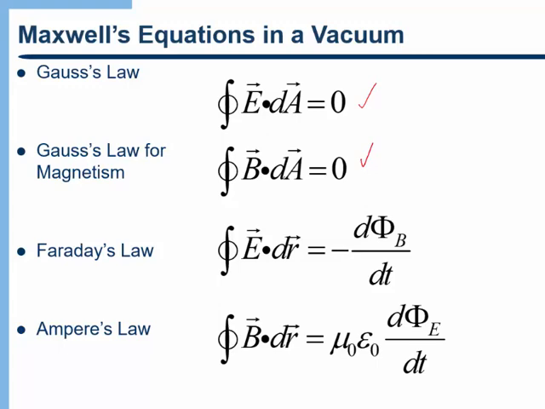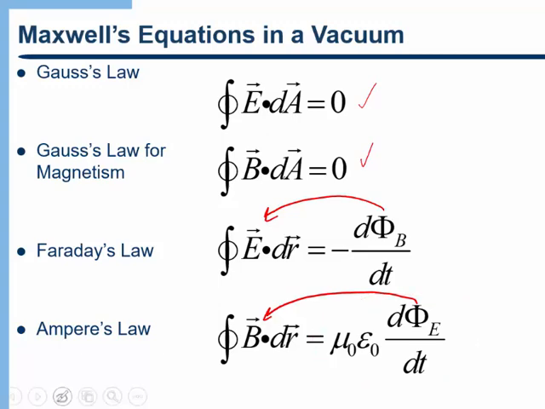But notice what Faraday's law says. Even if we're in the vacuum of space, if I have a changing magnetic field, I'm going to get an electric field. And if I have a changing electric field, I'm going to get a magnetic field. Remember, we didn't have this term except for Maxwell.